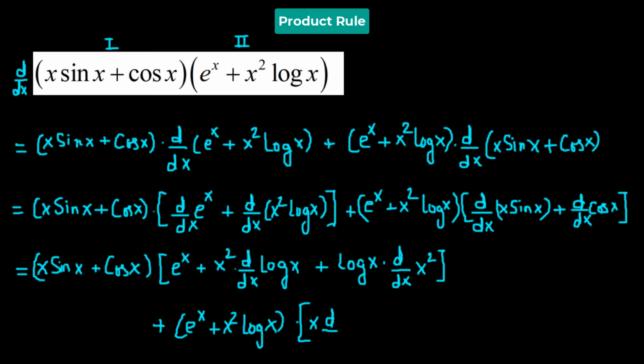So we have x multiplied to the derivative of sine x plus sine of x multiplied to the derivative of x, plus the derivative of cosine of x, which is negative sine of x.